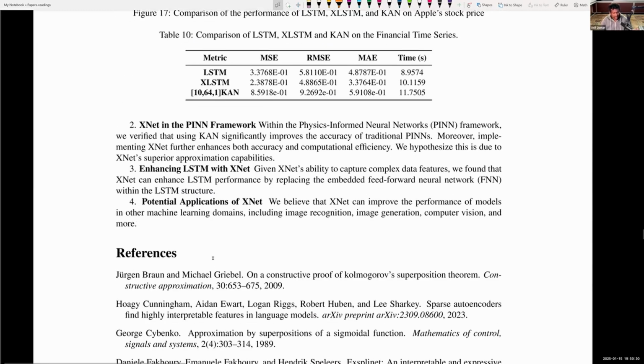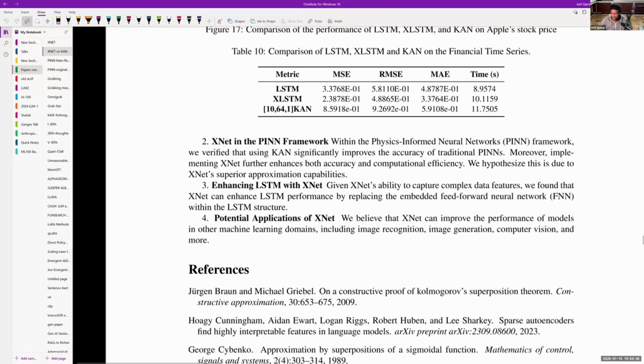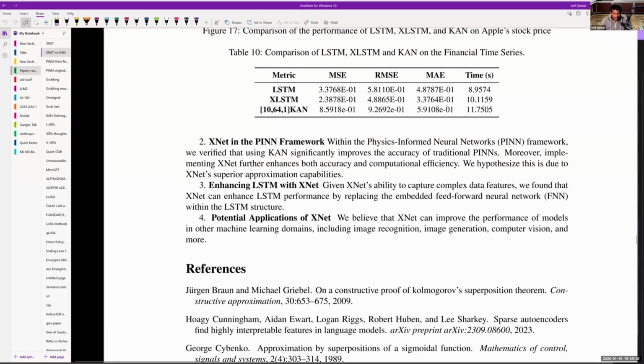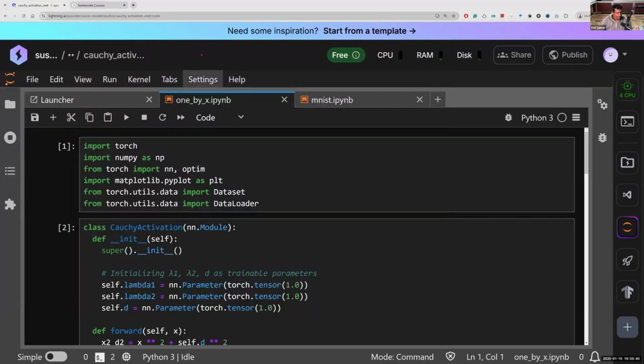Now I want to walk you through a little bit of code, for those who are interested in the code, and I also wanted to share my experience using lightning.ai. I really like lightning.ai, and I would really recommend it for newcomers into this field to try out.